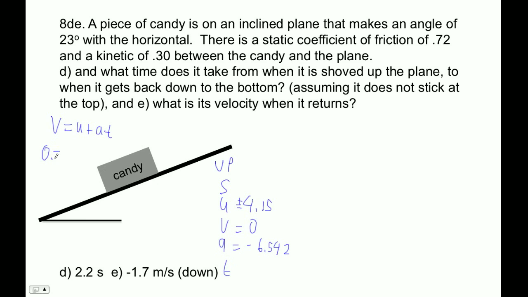So 0 equals 4.15 plus negative 6.542 times t. So 4.15 divided by 6.542, and I get 0.6344 seconds.